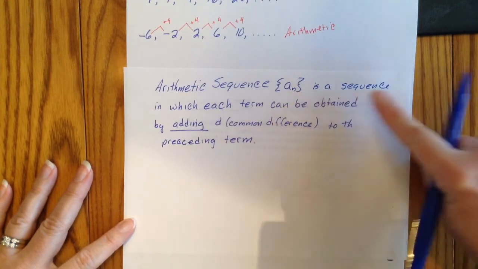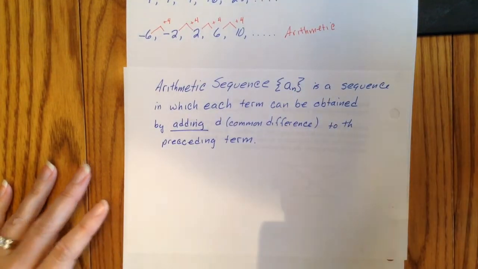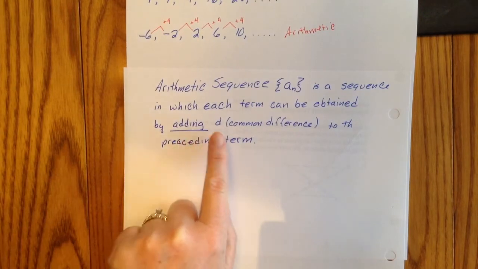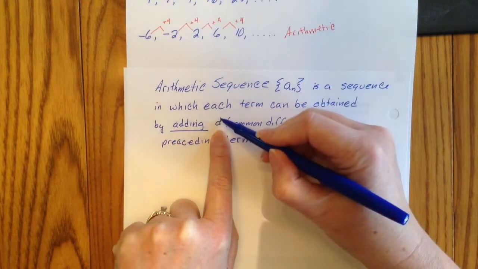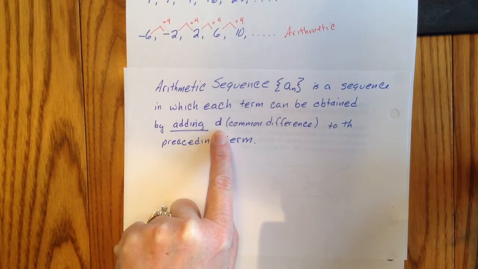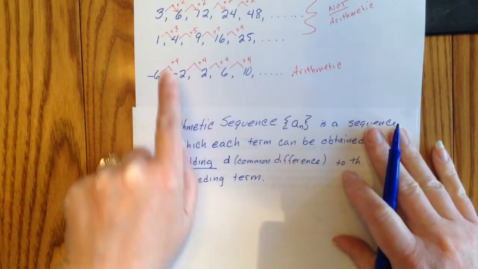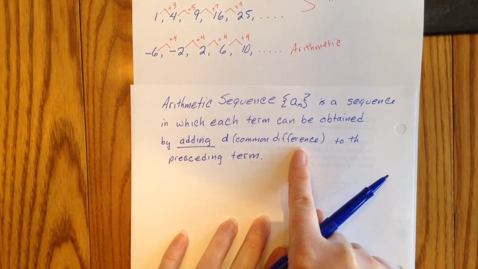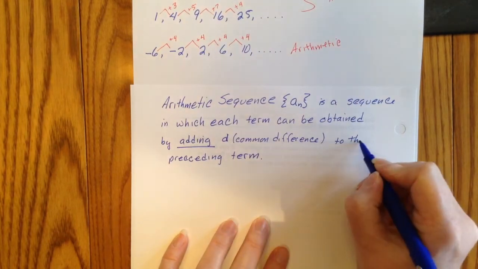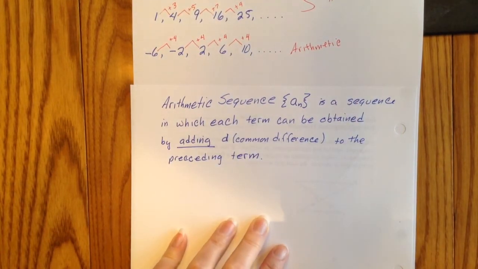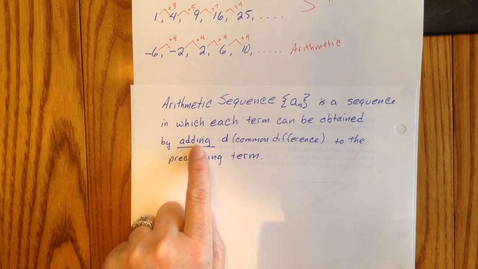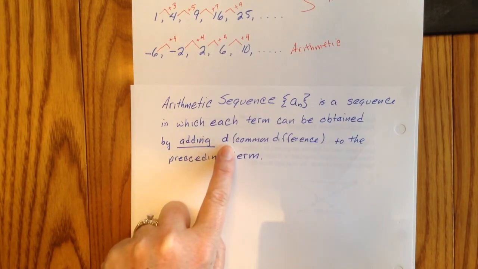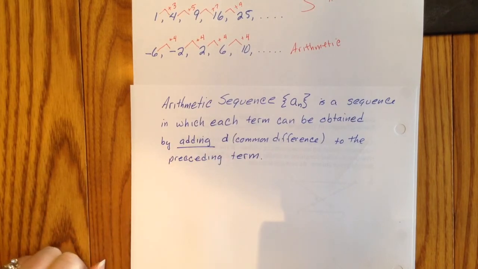An arithmetic sequence is a sequence in which each term can be obtained by adding d. D is the number that we're going to be adding each and every time to get from one term to the next. So in our last example, d is +4. All right, so adding the common difference d to the preceding term. All right, so adding the same number, which we're calling d, every time. Yeah, that's kind of fun, isn't it?